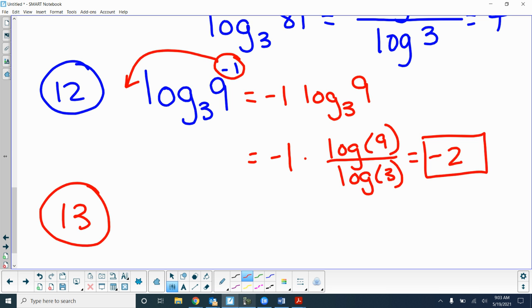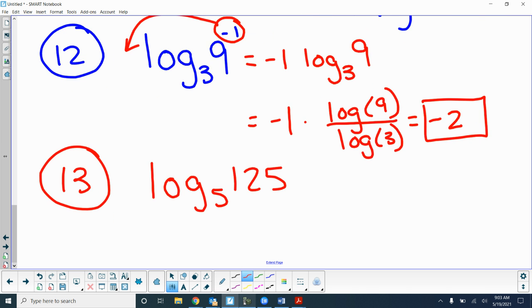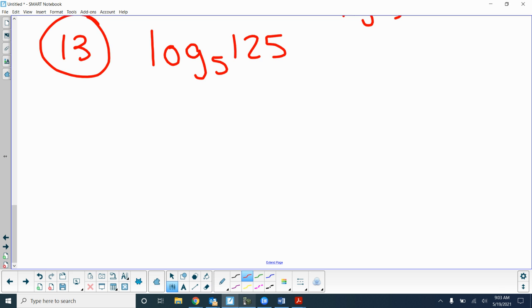13, it says simplify it, meaning find the answer, which, what are we going to do? How are we going to simplify this? Calculator, right? What am I going to put in?